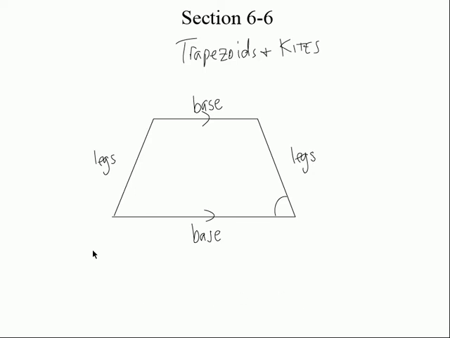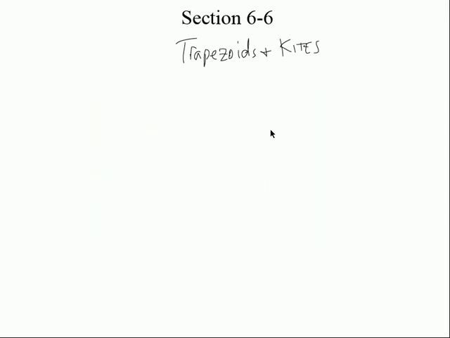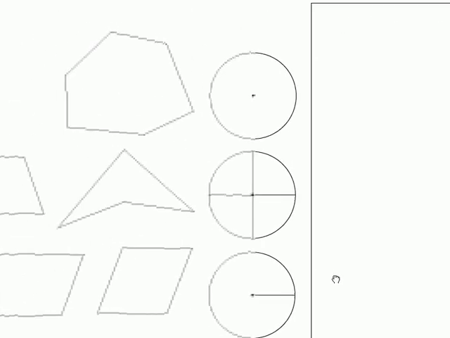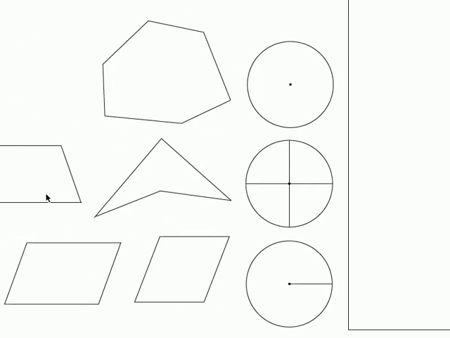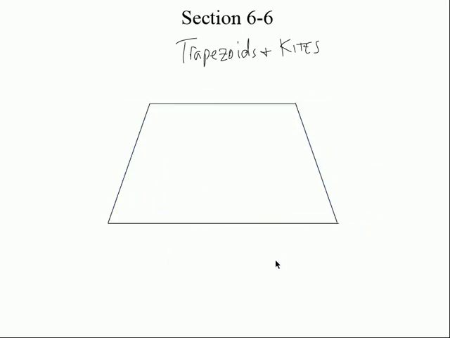Let's move on to the next thing. Remember we had all kinds of special types of triangles. Now this is a trapezoid, but it's a special type of trapezoid, and this is what I want to really get into today.